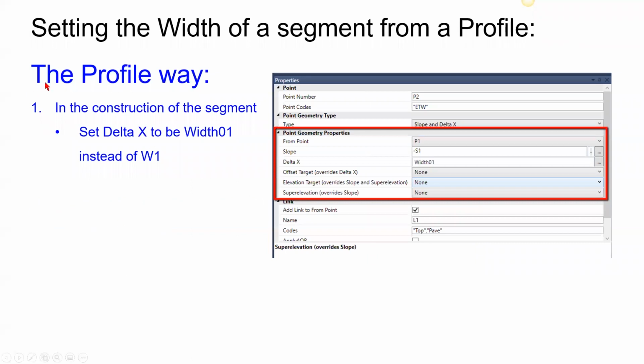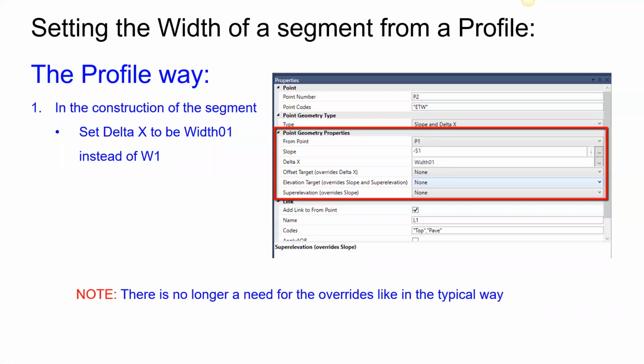Now, in the construction of the segment, I set delta X to be width 01 instead of W1. So I had an input parameter of W1. Now I set width 01. What that means is I no longer need an offset target to override, because that is being set in my decision.